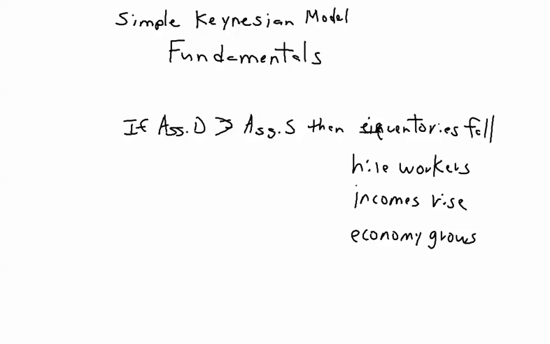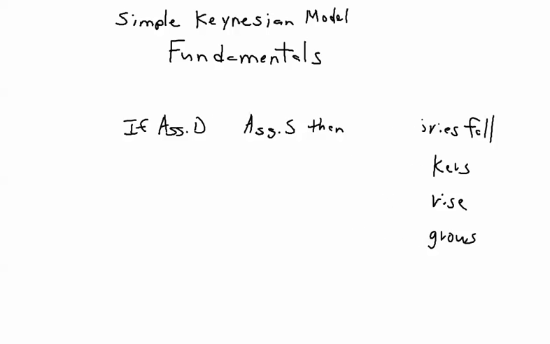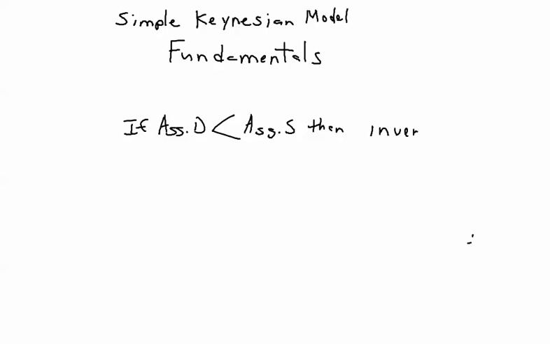Now, the third possibility would be if aggregate demand was less than aggregate supply. So in this case, if aggregate demand is less than aggregate supply, what would happen? Well, if you're buying stuff at a rate less than what you're producing it, then in that case inventories will increase.